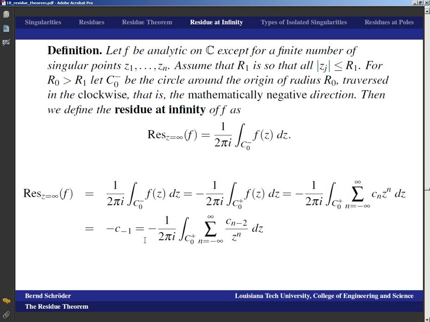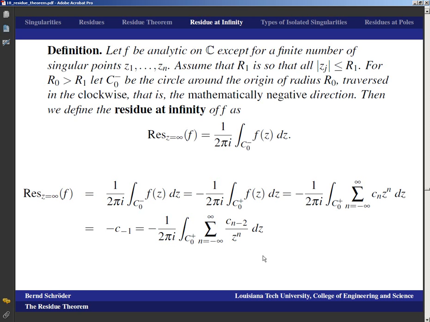And we know that that is equal to, and here's where some acrobatics come in, negative 1 over 2 pi i integral C0 plus the sum from n equals negative infinity to infinity of c_n times (1 over z) to the n, well, why is that right?